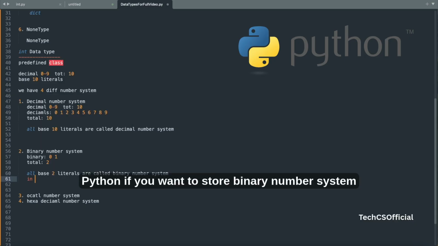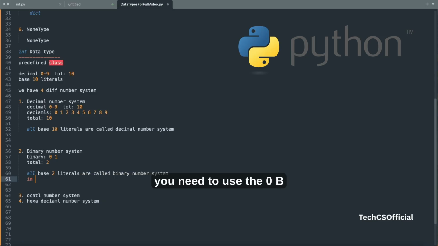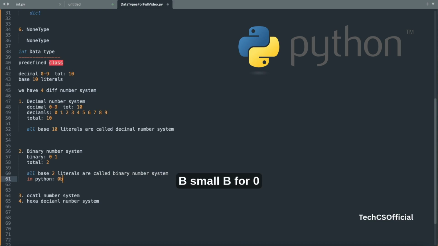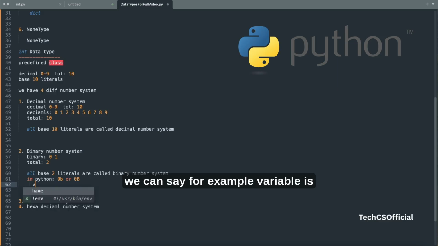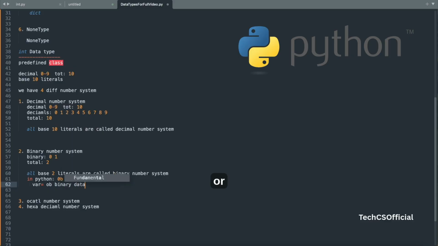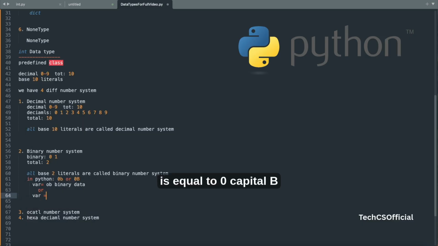In Python, if you want to store binary number system, you need to use 0b small b or 0 capital B. It will be preceded with 0b or 0 capital B. So for example, variable is equal to 0b binary data, or variable is equal to 0 capital B binary data.